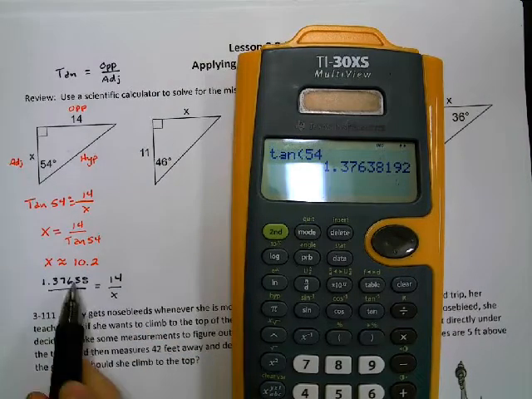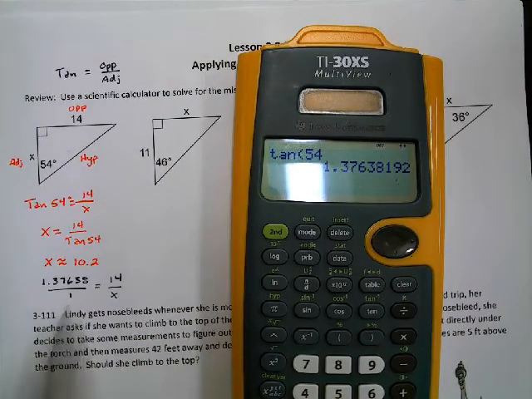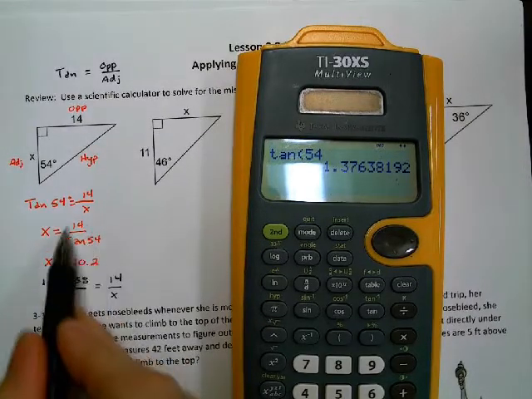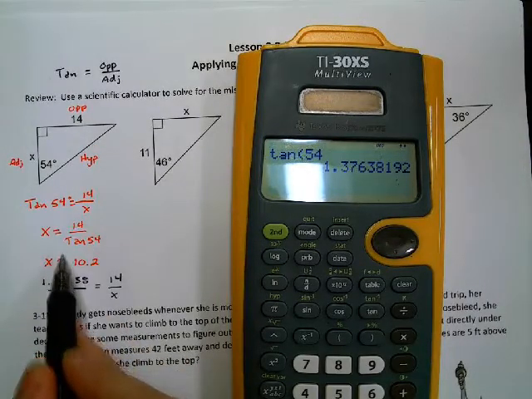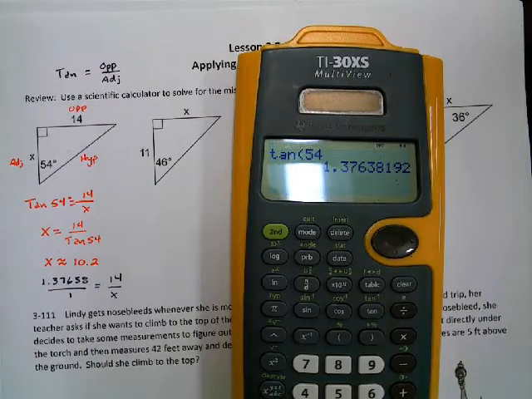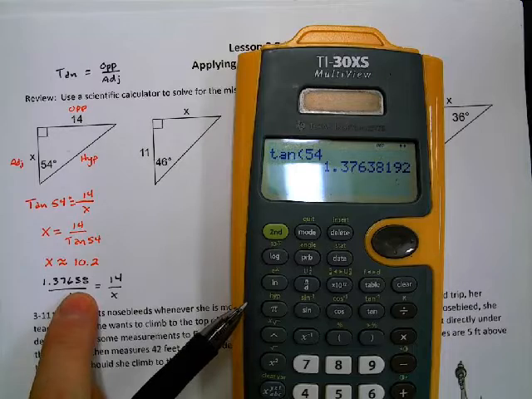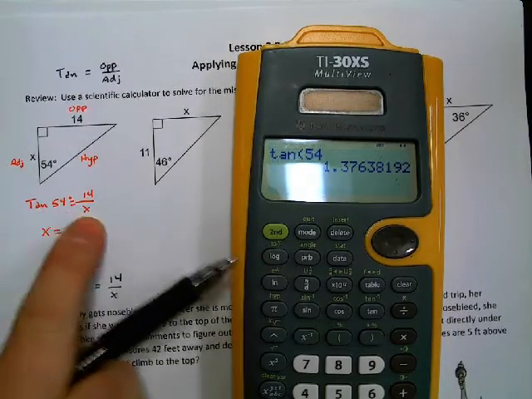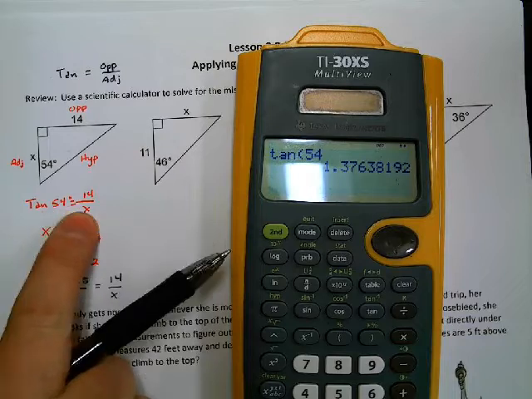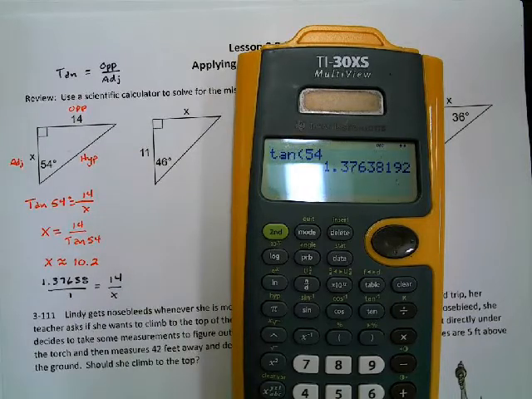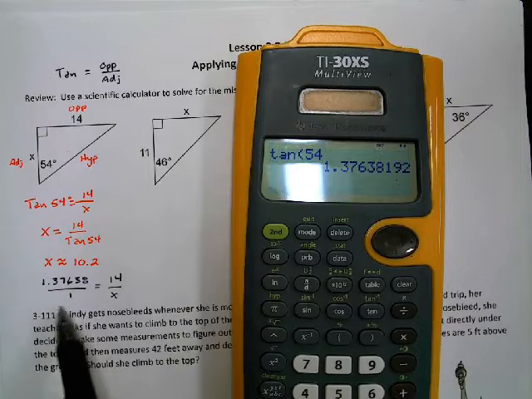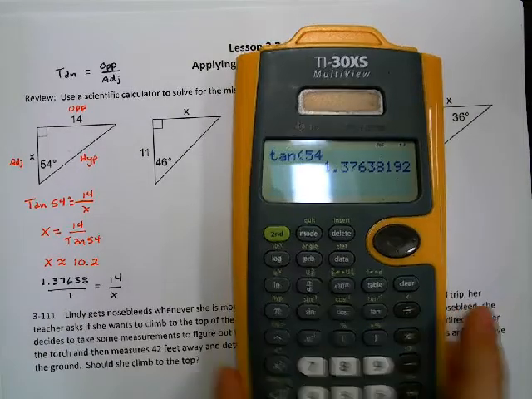And then you could have just done cross products at this point and solved it like that. Here we're rounding, so this is more of an exact answer. If you round earlier in the problem, you'll be a little bit farther off from the answer. So this is not the suggested method, but at first, if you're having trouble with exchanging the extremes or knowing when to exchange them or when you're supposed to multiply, you can fall back to old stuff that we've done before and try it out like that.